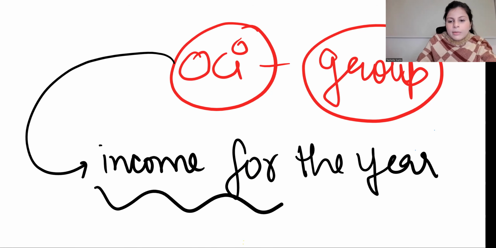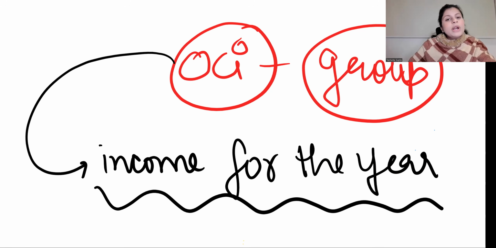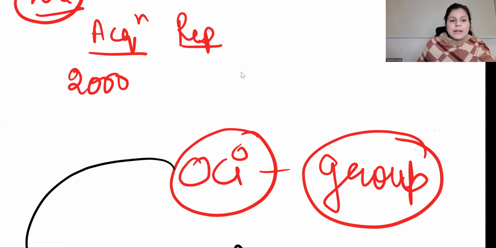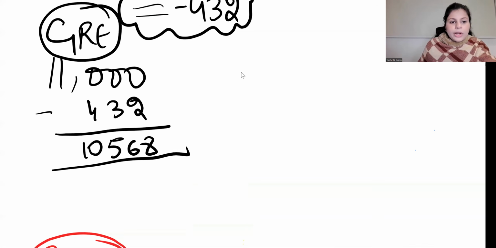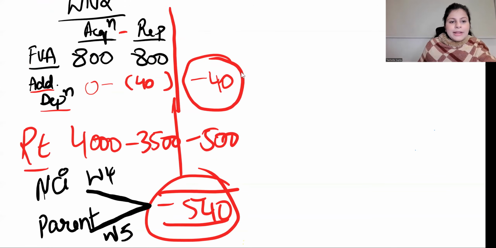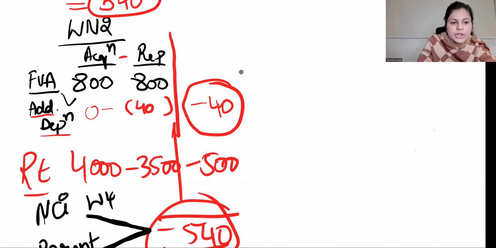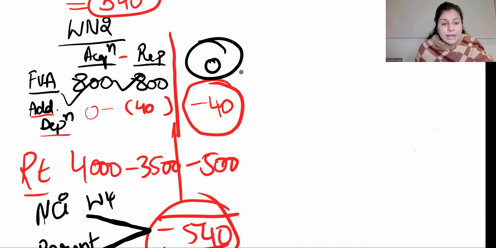We will only take the movement. So what affects my OCI? Revaluation surplus affects my OCI. When I made that working note number 2, I told you that 800 was added in both the columns, which literally gave you 0 post-acquisition movement. That's why it's not impacting my calculation.